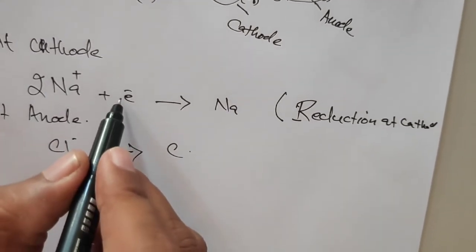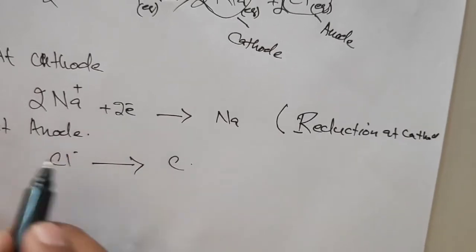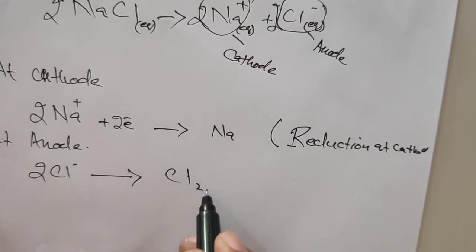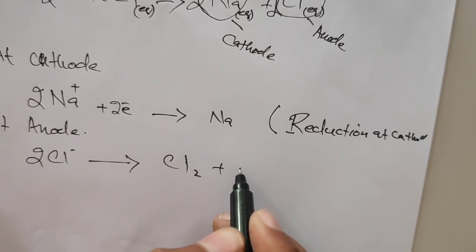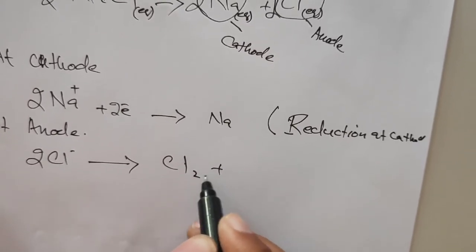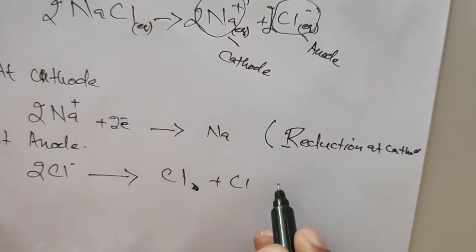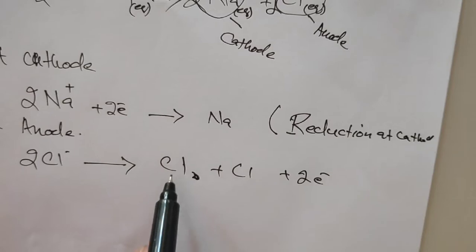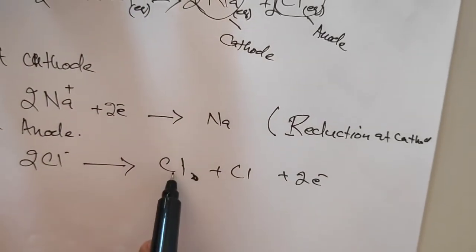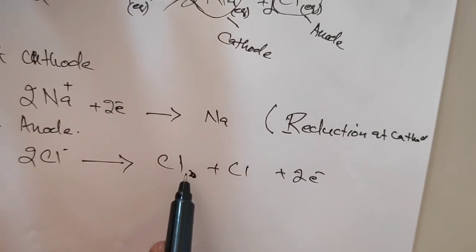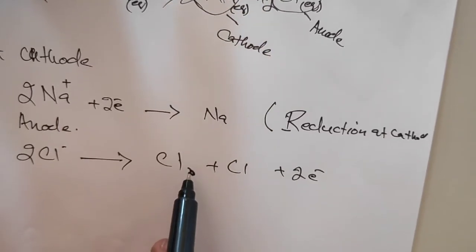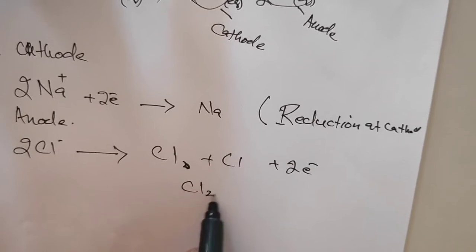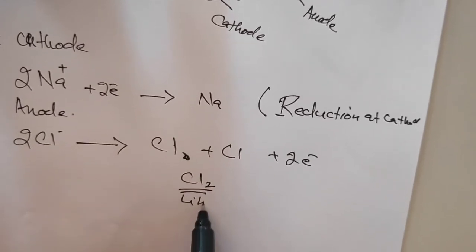Cl2 becomes Cl plus Cl and 2 electrons lost. Now here is the Cl at the anode. When 2 Cl deposit at the anode, they react with each other and make chlorine gas, which is liberated from the anode.